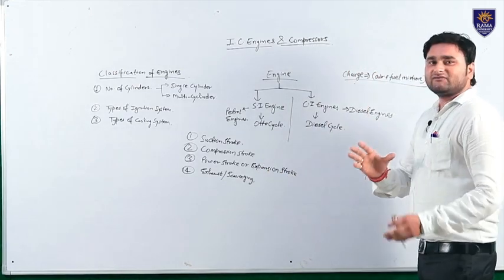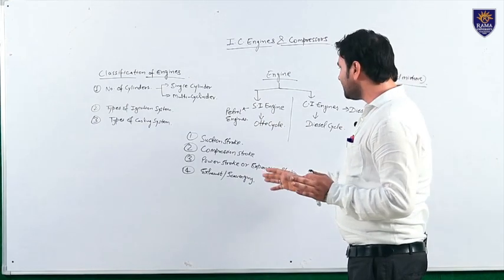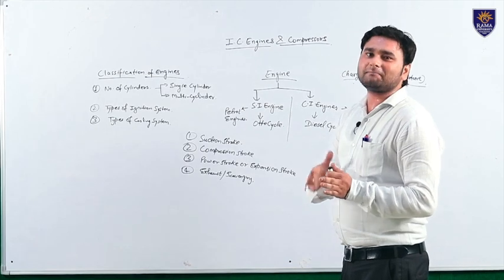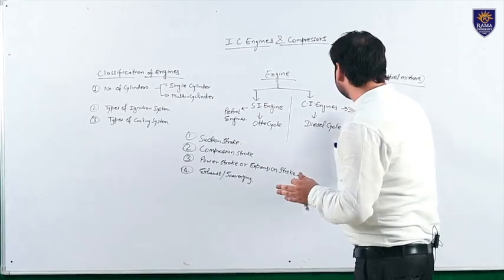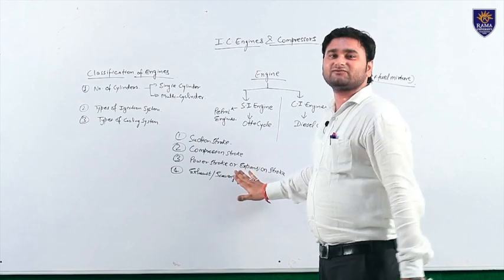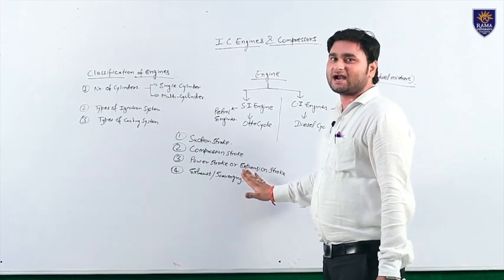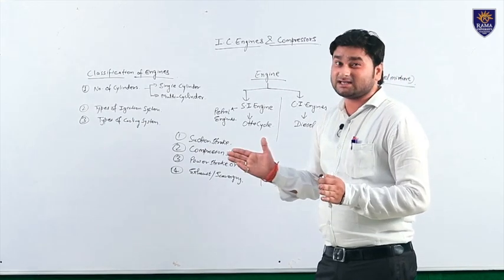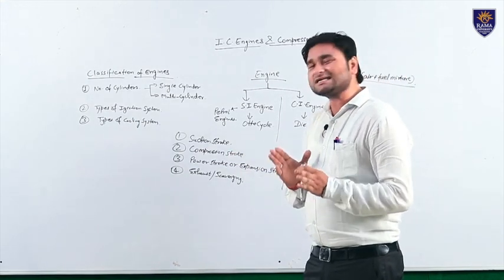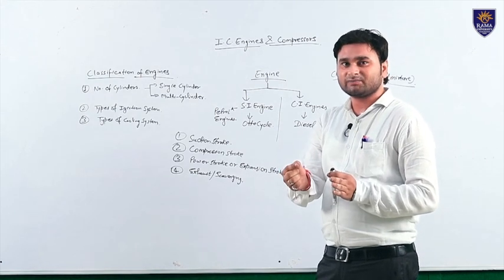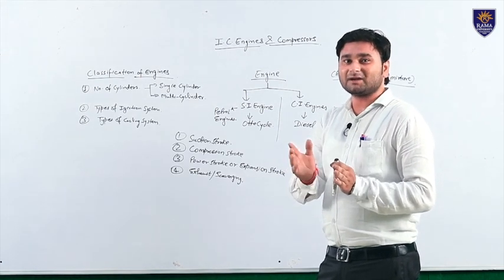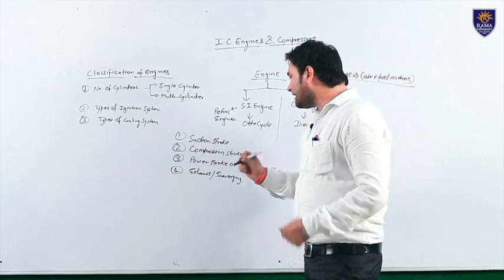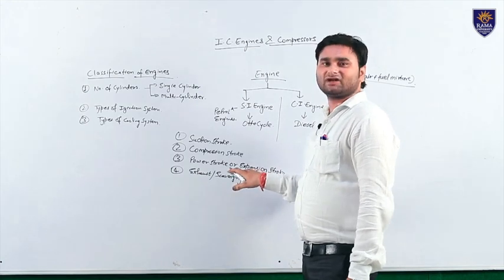The atmospheric air which is sucked in is compressed, due to which its temperature and pressure increase, and then the fuel mixes with this air. In case of SI engines, the spark plug ignites the charge in this compressed and pressurized air, due to which combustion of the charge takes place. This is known as the expansion or power stroke.